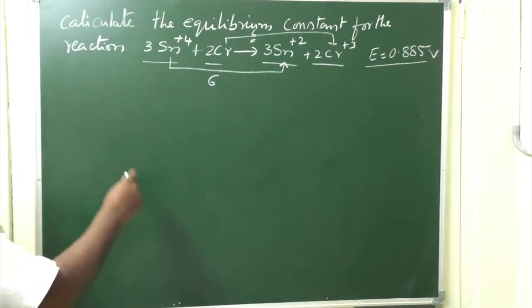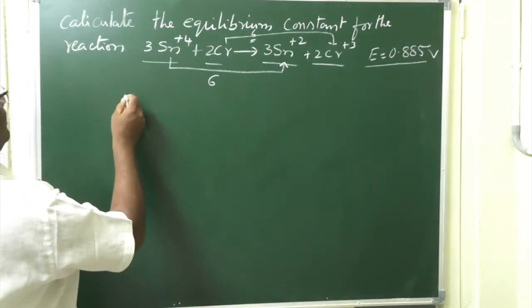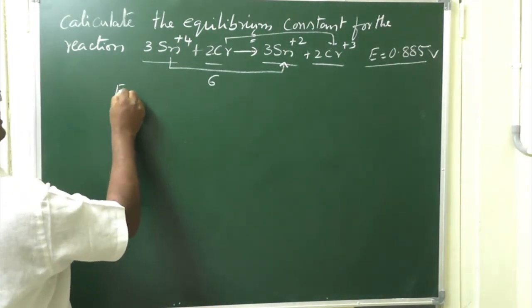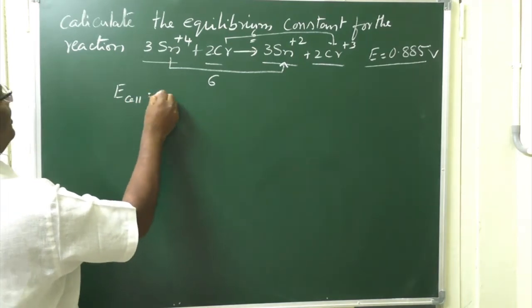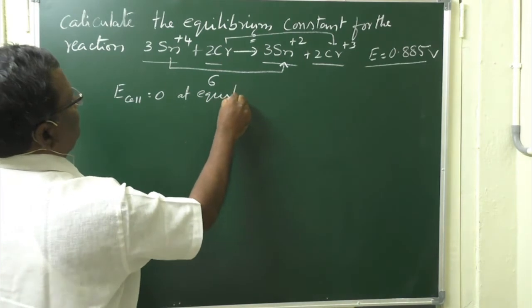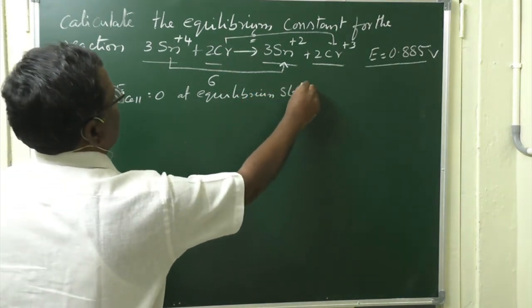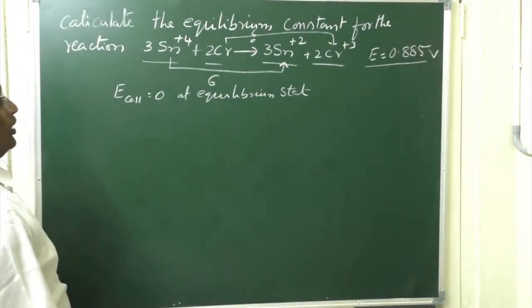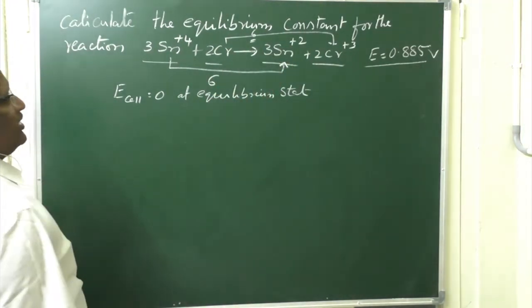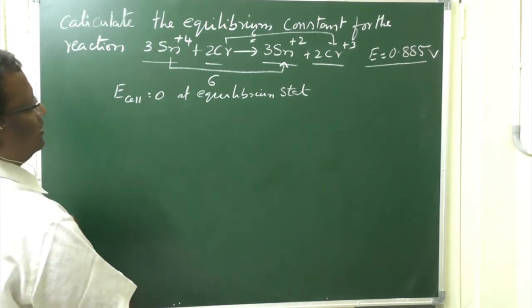At equilibrium state, the potential of the cell, that is EMF of the cell, is 0, that is E cell is equal to 0 at equilibrium state. Now at standard conditions, the EMF of cell is 0.885 volts.